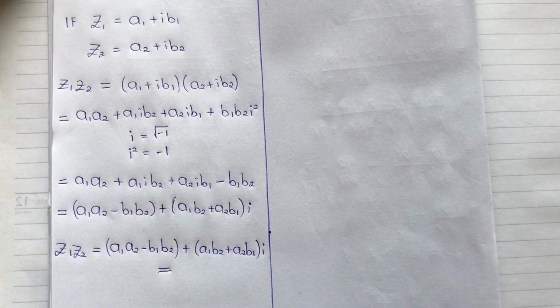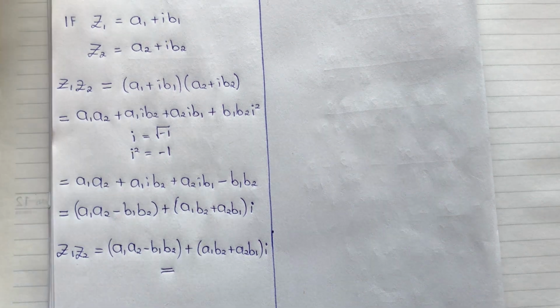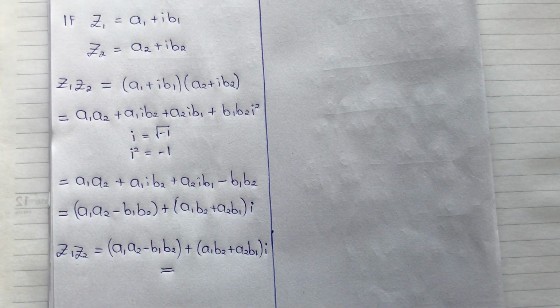This is our final result. You must know that when you have the values of A and B, you can just subtract, multiply, subtract, and input the values of A and B to complete the calculation. This is how we manipulate multiplication of complex numbers.